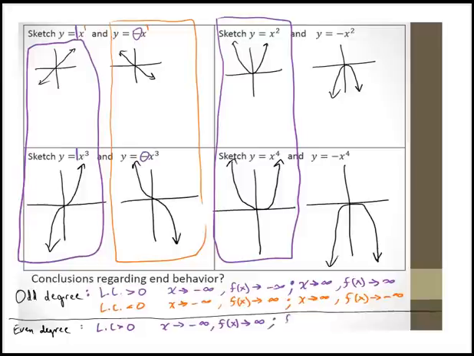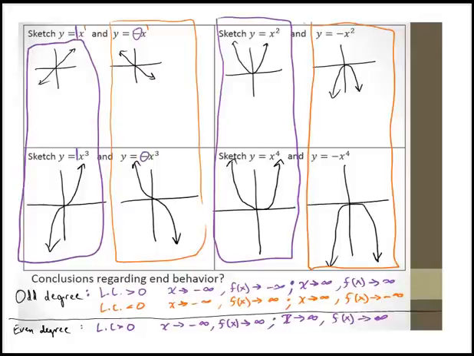As x approached positive infinity, the function also approached positive infinity. And for a negative lead coefficient, it just flips over. As x approaches negative infinity, the function approaches negative infinity. And as x approaches infinity, the function also approaches negative infinity.